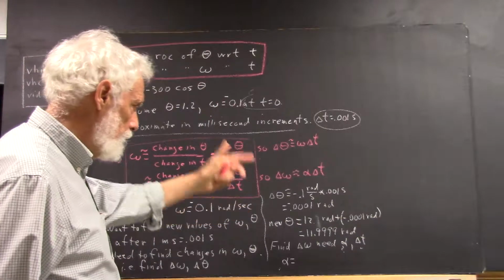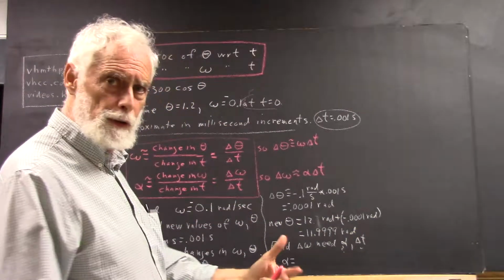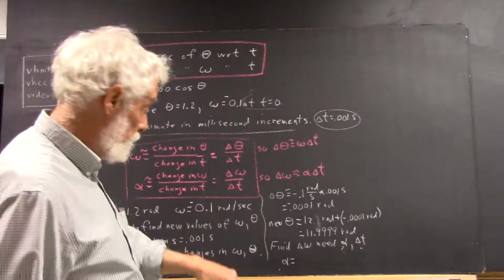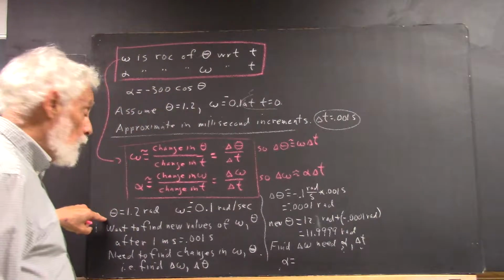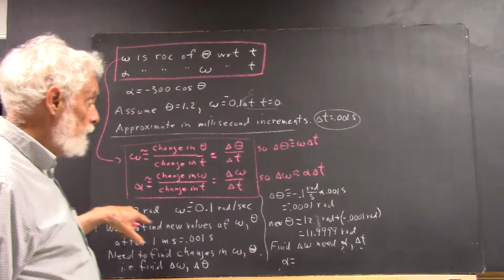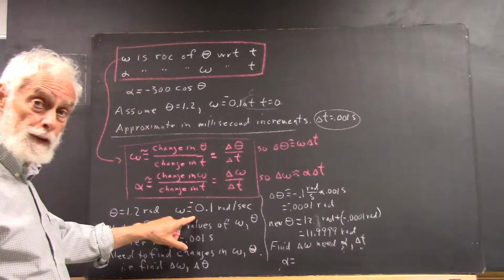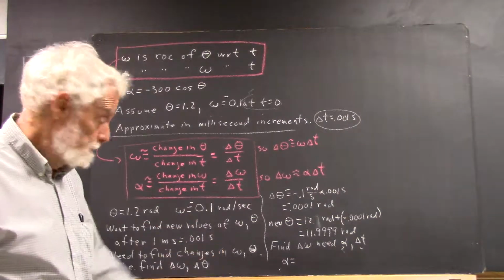But in this course, we're not even going to mess with that. That's a fairly easy idea once you understand this, and we don't want to confuse things any more than they're already confused. Okay, so we use the old value of theta. Everything we calculate here, we base on the values at the beginning of this interval.